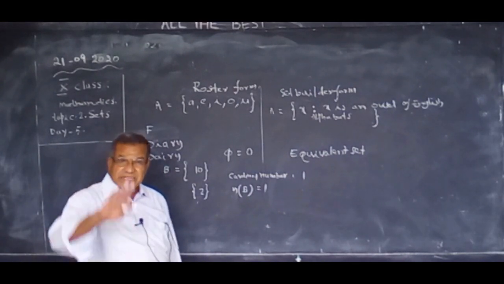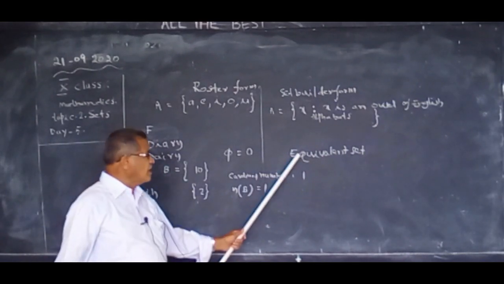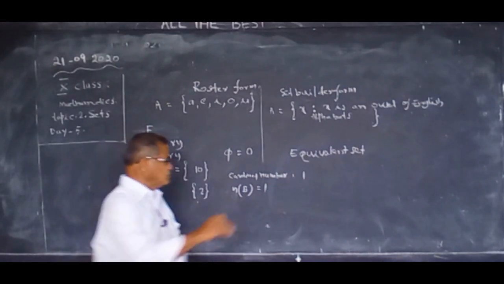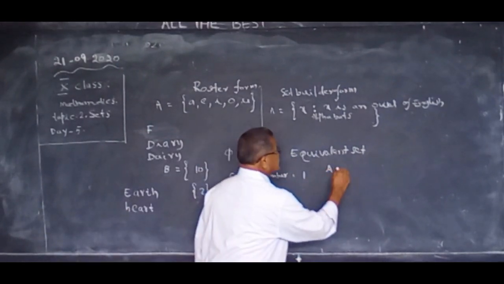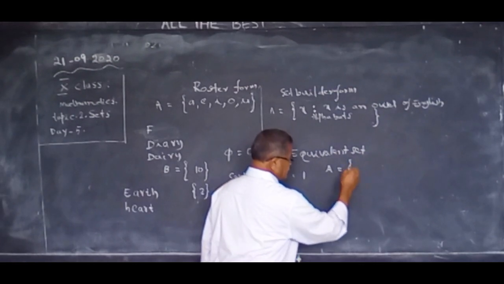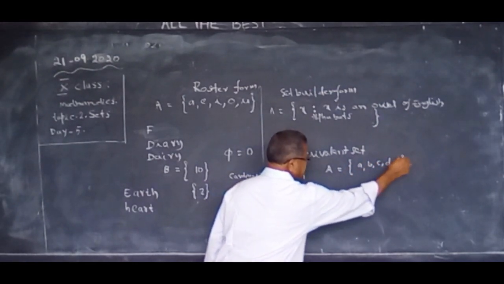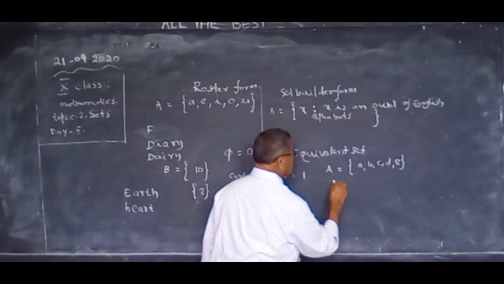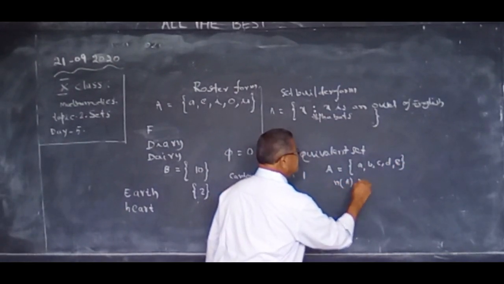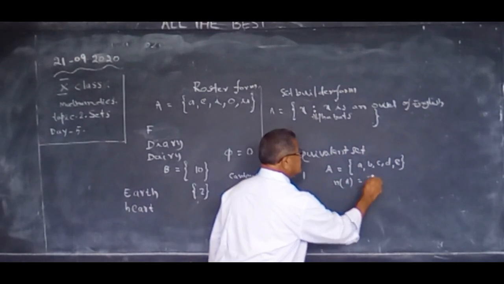Their number of elements is equal, the cardinal number is equal. Suppose set A, as an example: A, B, C, D, E. Your cardinal number n of A is 5.